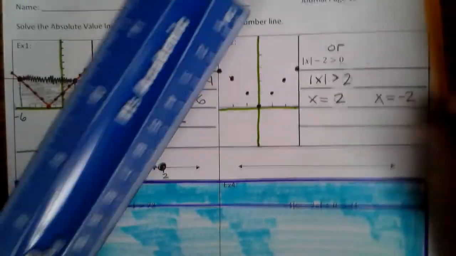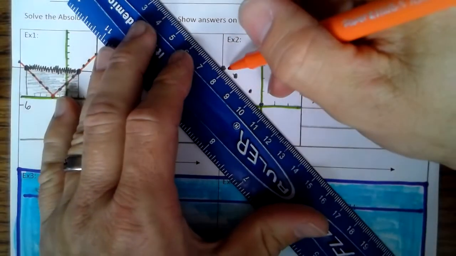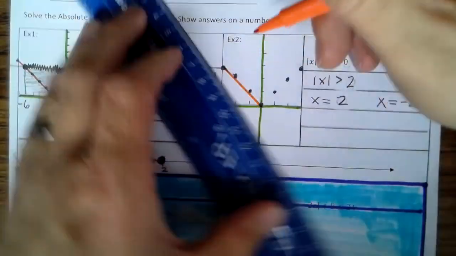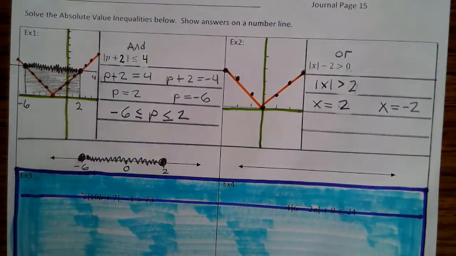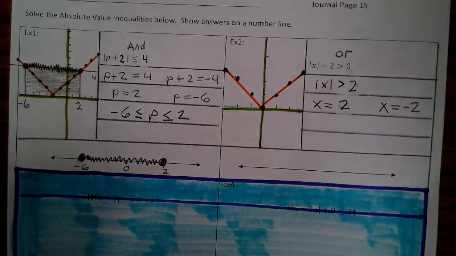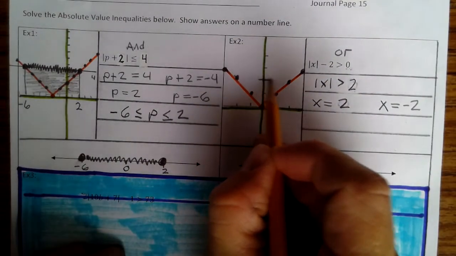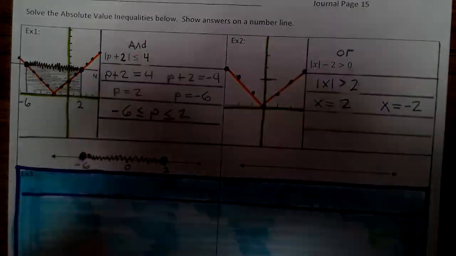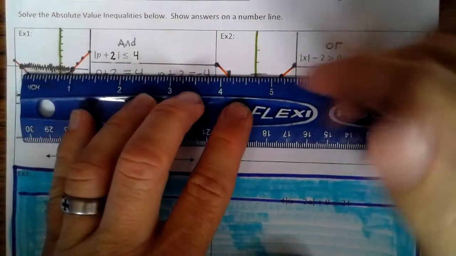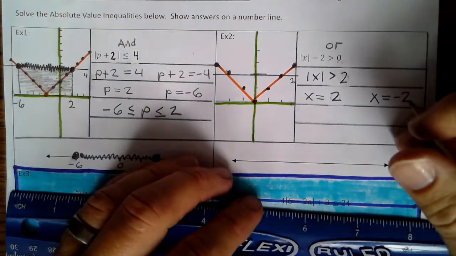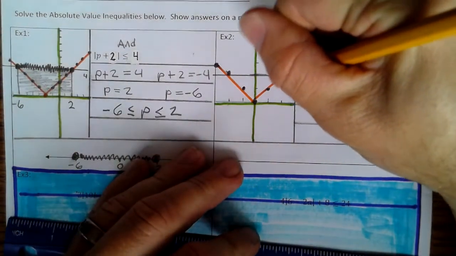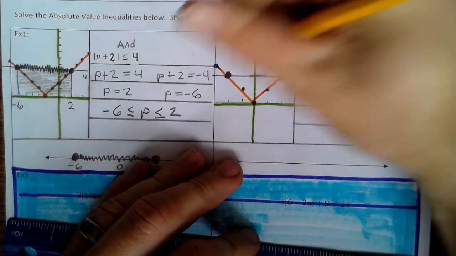Okay, so that's the left side. Now, we're going to graph a horizontal line at 2, so 1, 2. Here's just sketching, but you do want it to be reasonably accurate. Now you can see here that it intersects here and here.